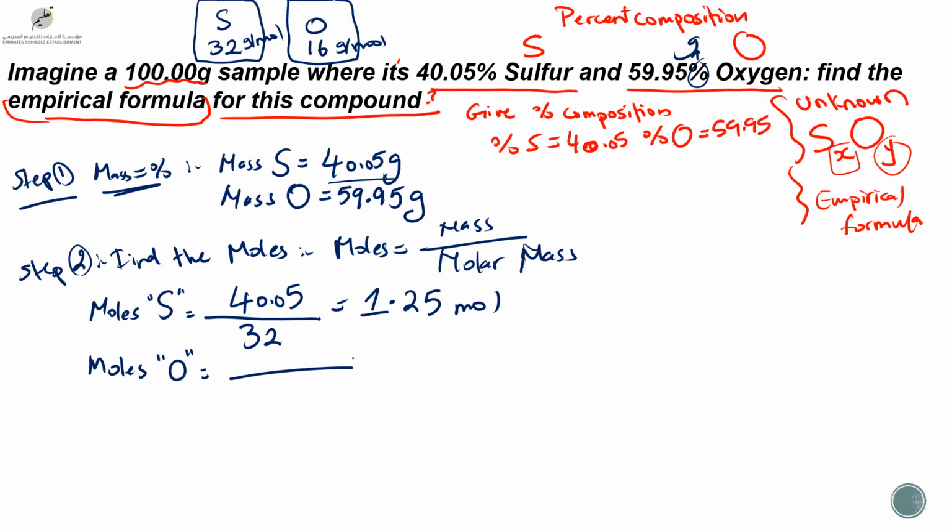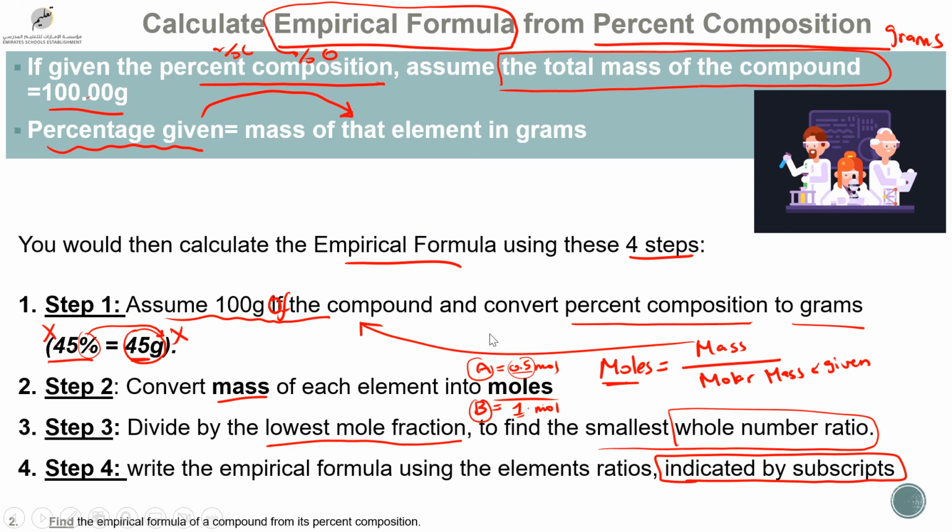Now what are the moles of oxygen? It will be 59.95 divided by 16. So it will be equal to 3.75 approximately. Now we come to the third step, which is divide by the lowest mole fraction to find the smallest whole number ratio.